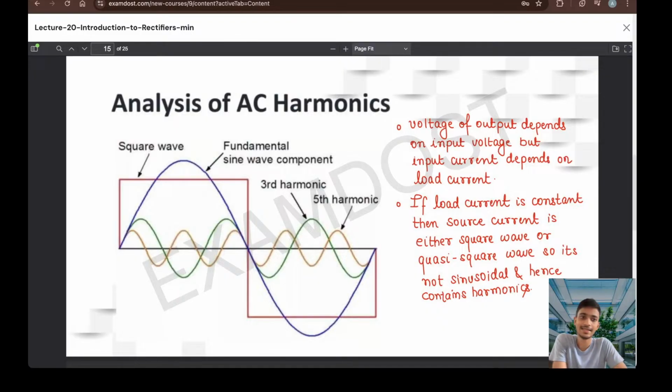The voltage of output depends on input voltage, but input current depends on load current. If load current is constant, then the source current is either a square wave or a quasi-square wave, so it is non-sinusoidal and hence contains harmonics.